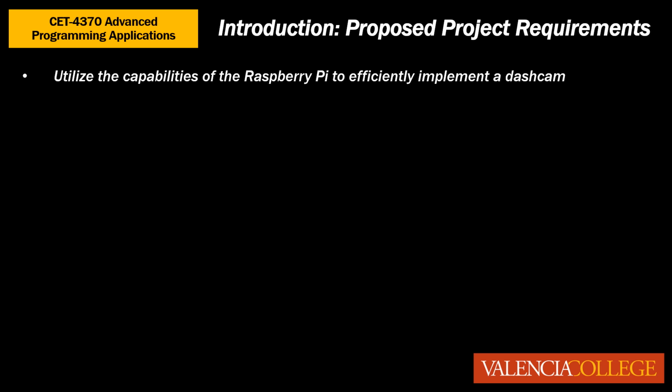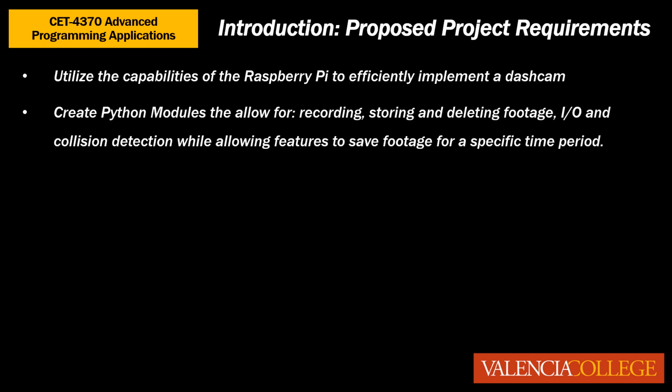Self-explanatory, we will have to use the Raspberry Pi in order to create a dashcam, using the Raspberry Pi compatible camera in order to record data. I will create Python modules that will allow for recording, storing, and deleting footage.